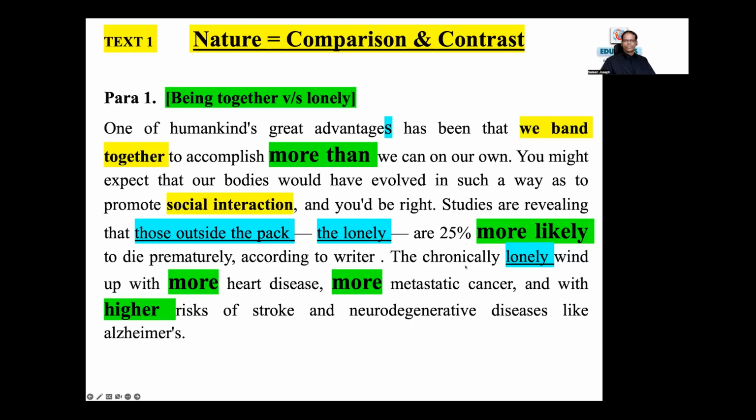You might expect that our bodies would have evolved in such a way as to promote social interaction. And you would be right. Studies are revealing that those outside the pack, the lonely, are 25% more likely to die prematurely, according to the writer.